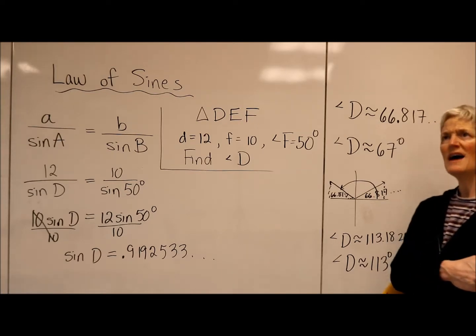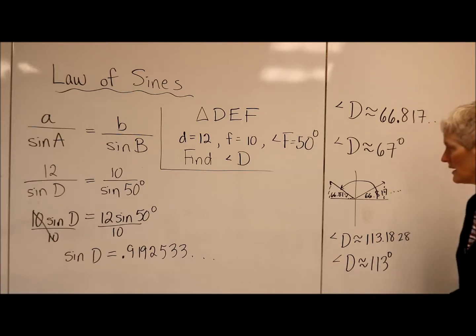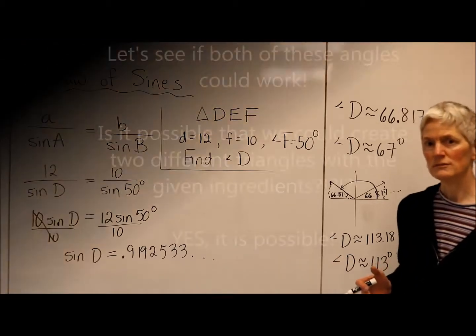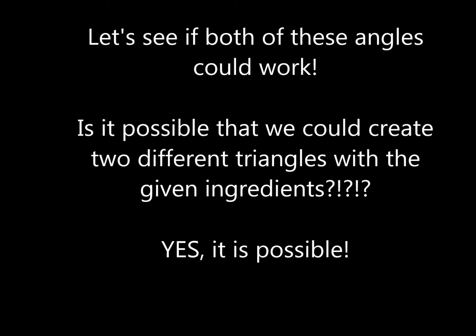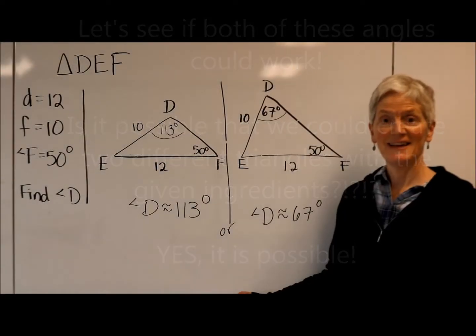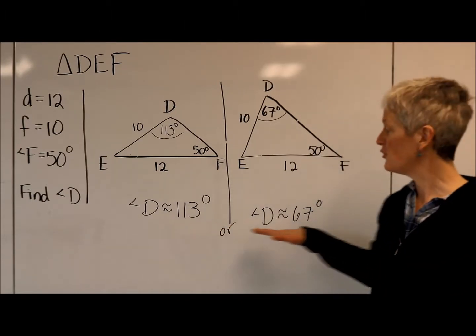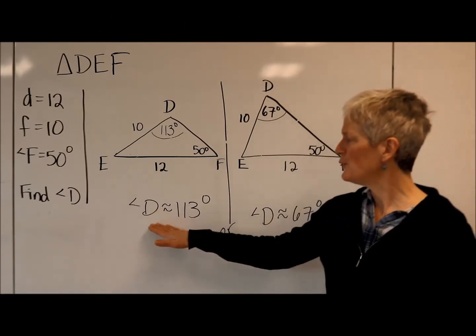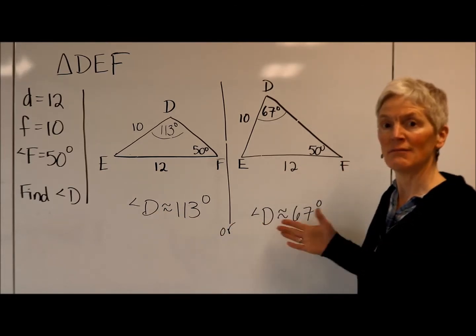Could a triangle have an angle of 113 degrees? Well, sure, if there's room. And yes, indeed, it is possible to come up with two distinct measures for angle D.